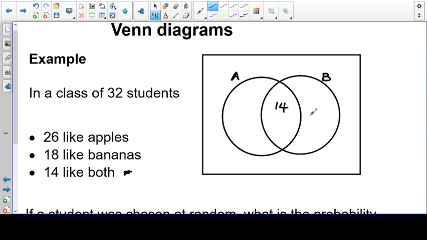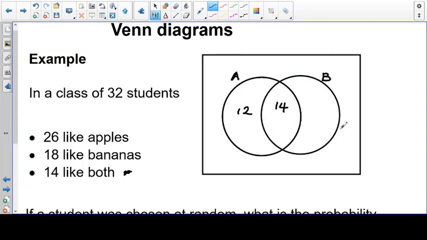The whole of that circle, including that 14, are the students that like apples. So if 26 like apples altogether, there's the first 14 of them. That means there must be 12 there. And this moon here is representing those that just like apples.